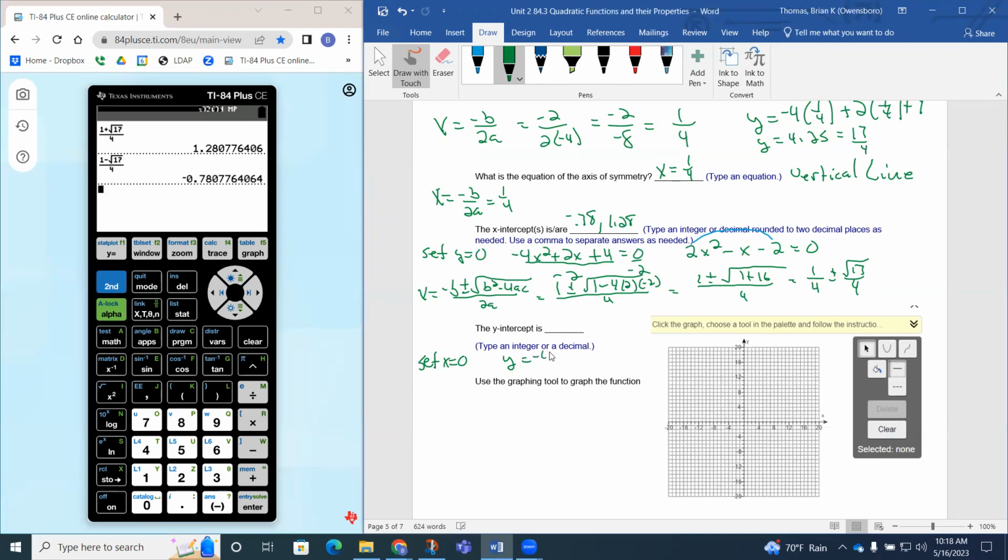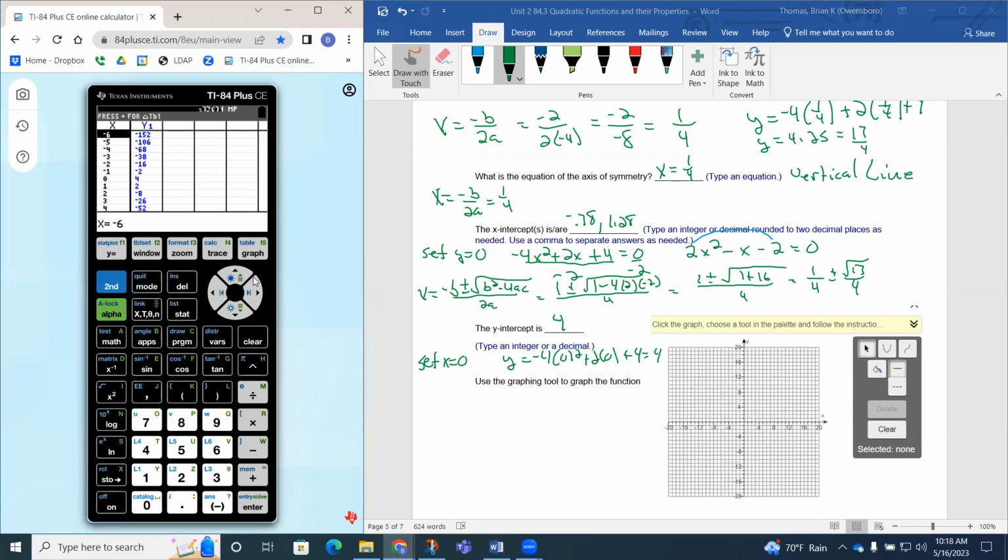I have -4 times 0 squared plus 2 times 0 plus 4. Notice how it's going to be 4. So the y-intercept would be 4. If I look at the table, notice that the y-intercept is 0, 4.